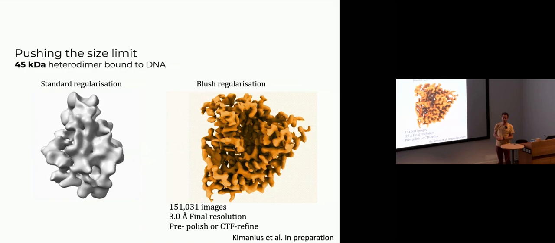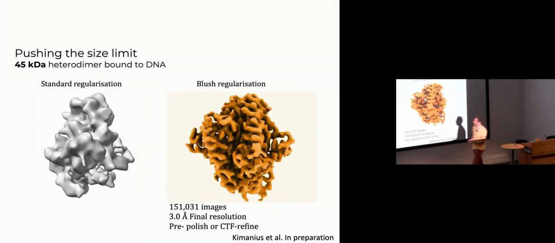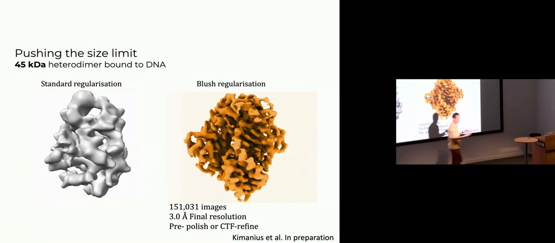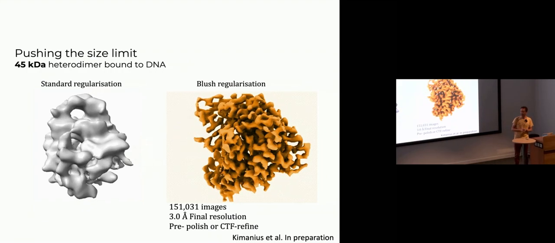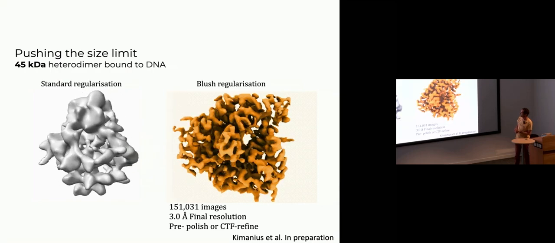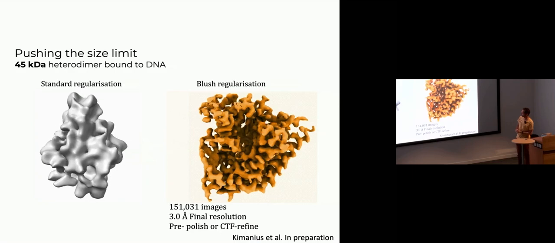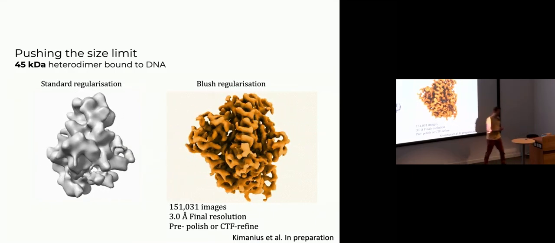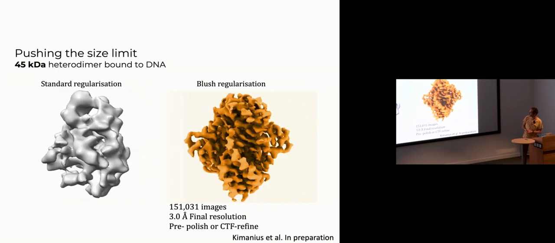He had been trying for a long time to solve this with Relion, and he always got stuck at this more or less correct but relatively unsatisfying low-resolution blob, which was impossible to build a model in. But using BLUSH regularization, Dari quickly had this go to 3 angstrom. It says final, but that's not final. It's actually not polished and CTF refined yet, so we're trying to make that better.